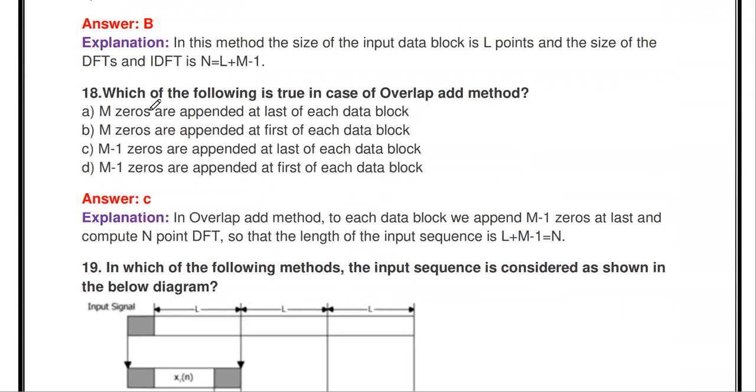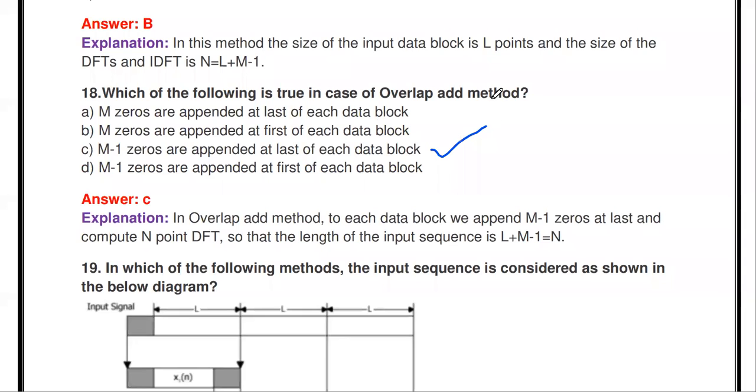The next one: which of the following is true in case of the overlap add method? M zeros are appended at the last of each data block. M zeros are appended at the first data block. M minus 1 zeros are appended at the last of each data block. So in the overlap add method, while designing x1, x2, x3, we have to append M minus 1 zeros in each block.